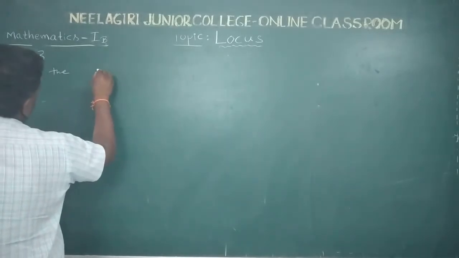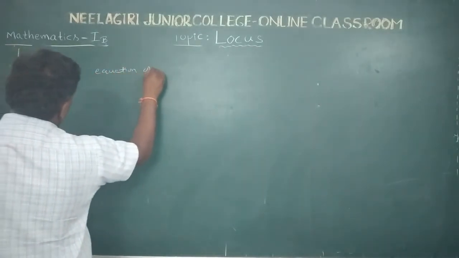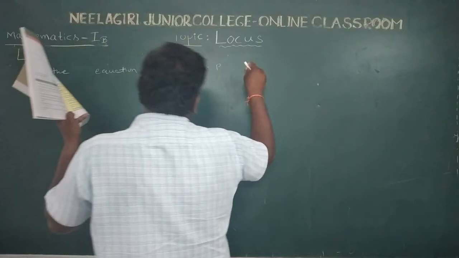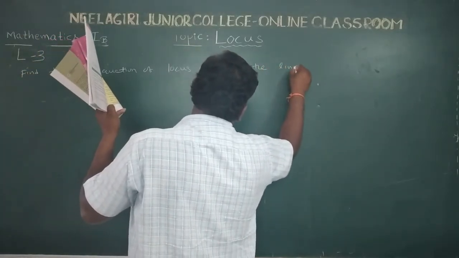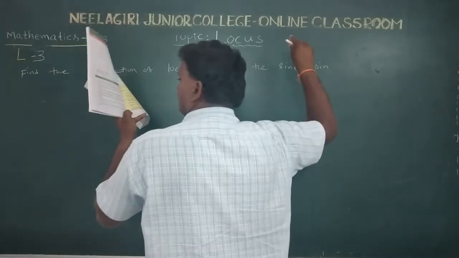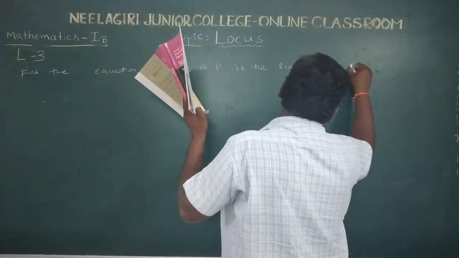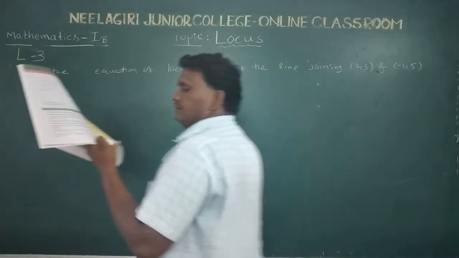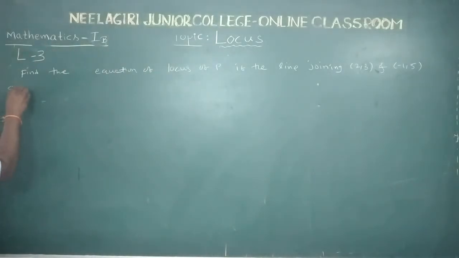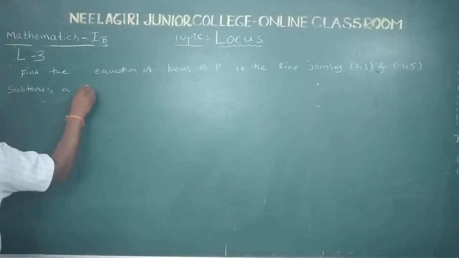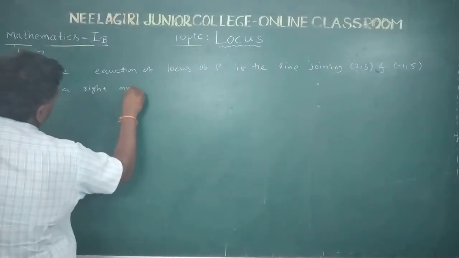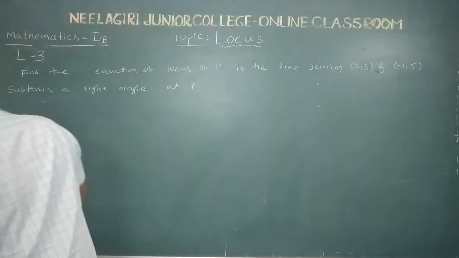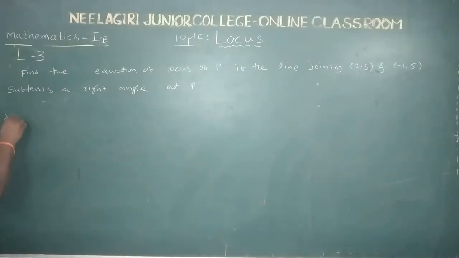Find the equation of the locus of P if the line joining 2, 3 and minus 1, 5 subtends a right angle at P. First, what is the condition for the question?